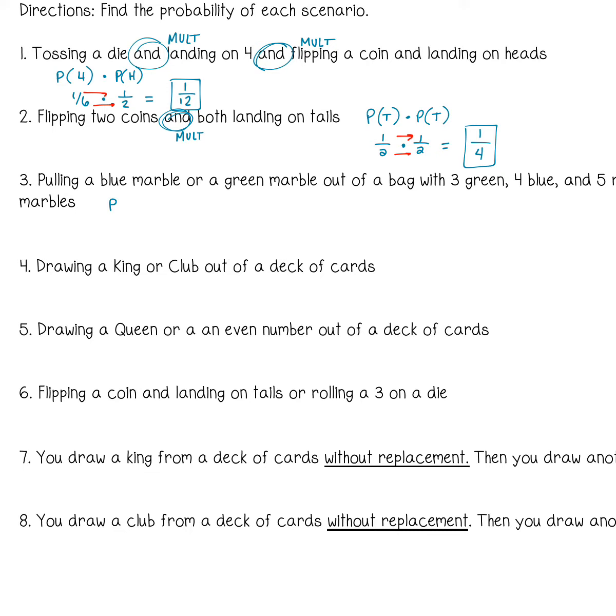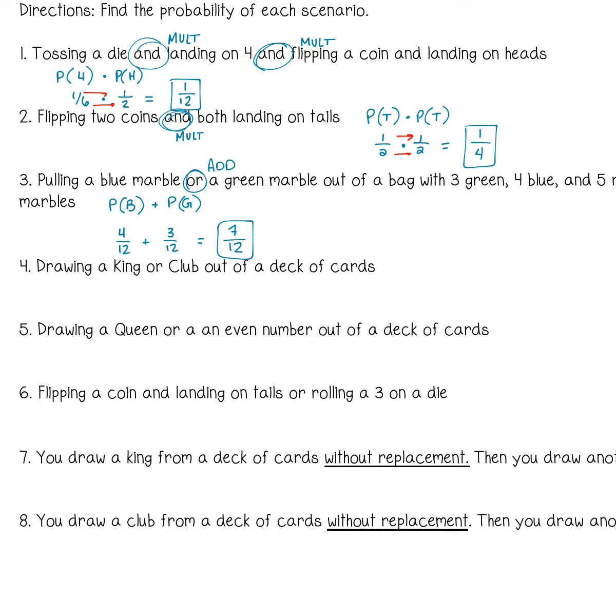So probability of blue plus the probability of green, or means addition. Good job. So the probability of pulling a blue one is 4 out of 12. Green one, 3 out of 12. Probability of blue or green, 7 out of 12.